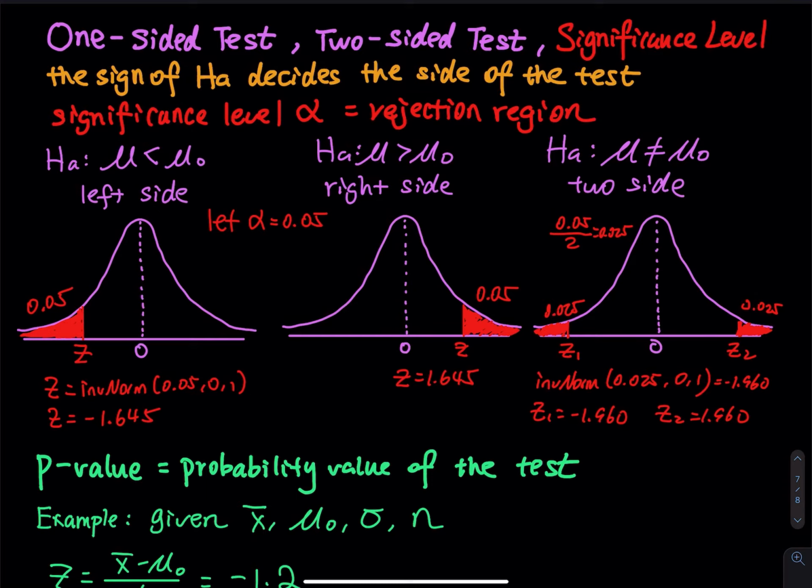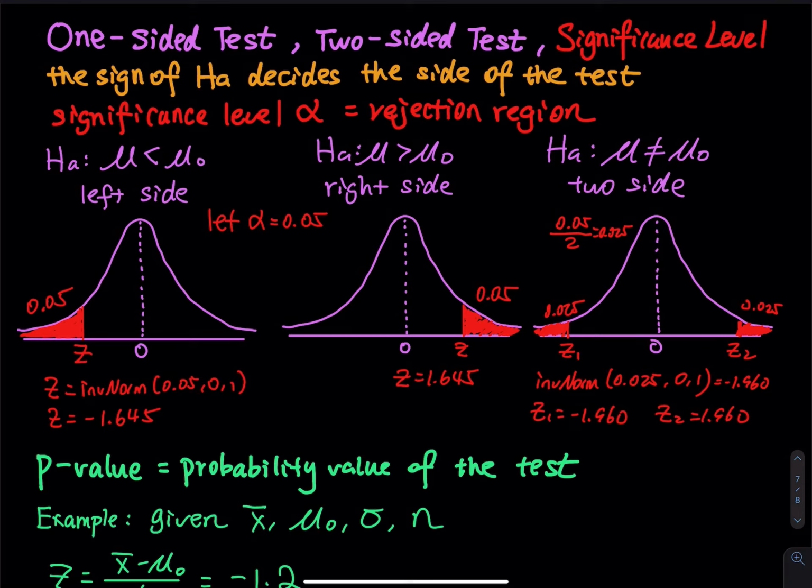And then if I let alpha equal 0.05, in this case the 0.05 is on the left side. So how do you find the corresponding Z? Because every time you put some area under the curve, there must be a corresponding Z value, right? So since you know the area, you want to find the corresponding Z. That will be an inverse normal question, inverse normal distribution. So you go to your calculator and then you go to inverse norm. Where do you find the inverse norm?